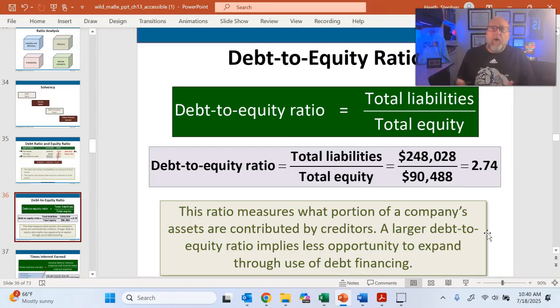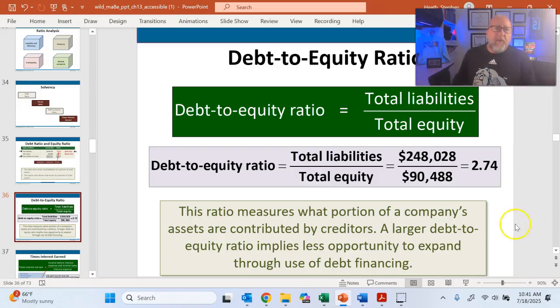It's a low cost of capital, and it provides some tax incentives. So if you use debt to finance some of your business, you actually are increasing the value of your company. So we don't want to get too concerned with high debt to equity ratios.